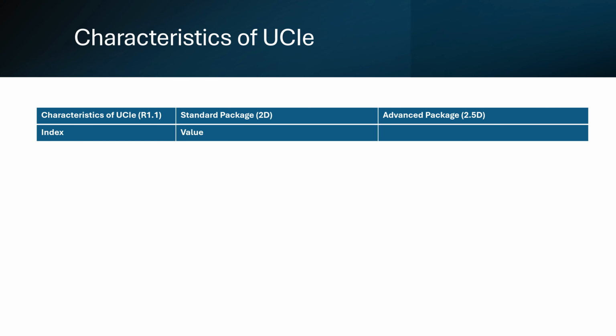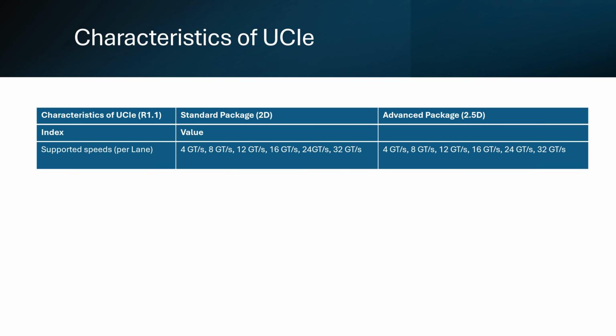In this case I'm only covering two packages, 2D and 2.5D. The supported speed per lane in both packages is up to 32 giga transfers per second, but the minimum support is 4 giga transfers per second. It must support it. In both packages, 32 giga transfers per second is the maximum.